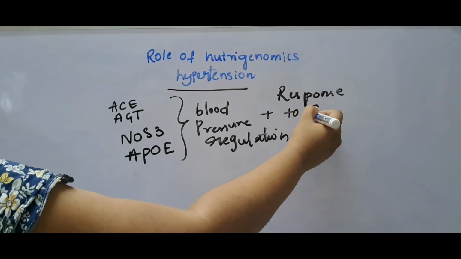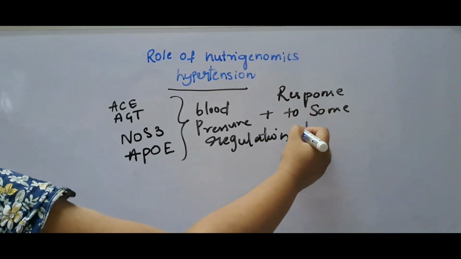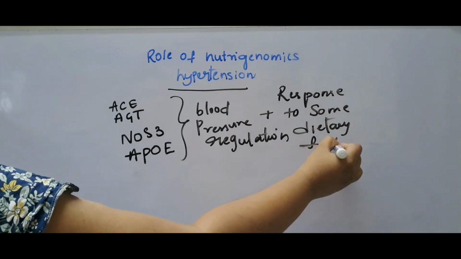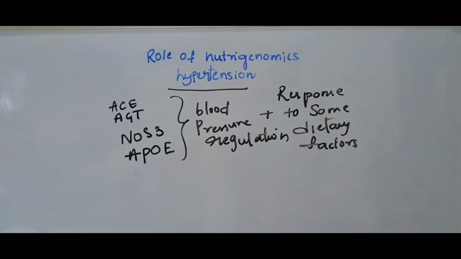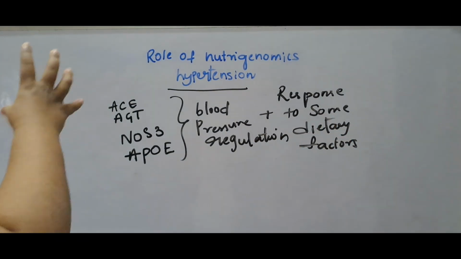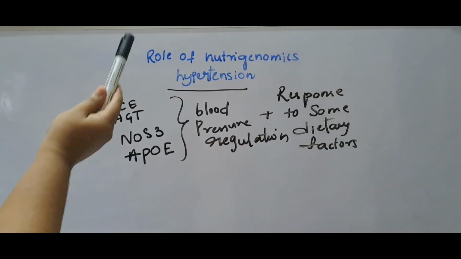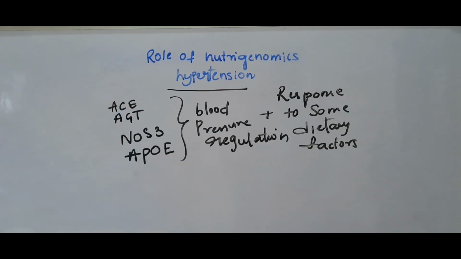So these are certain genes that affect blood pressure regulation, and also responses to some of the dietary factors.